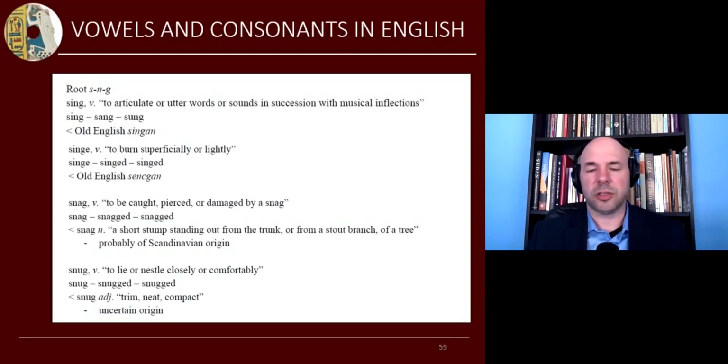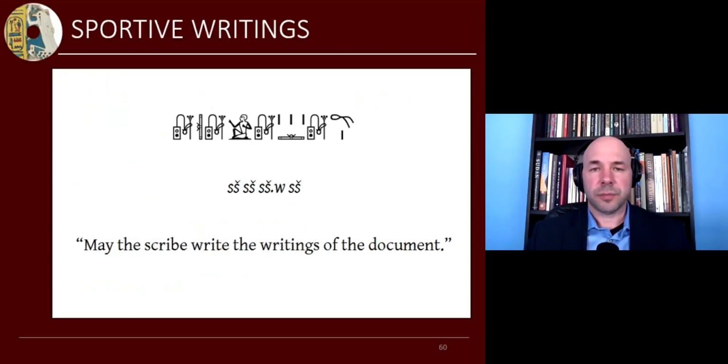Now, of course, I don't want to imply that English has a consonantal root system like Semitic or Egyptian. I'm just giving you examples to show you how the combination of vowels and consonants give you both lexical meaning and grammatical forms.